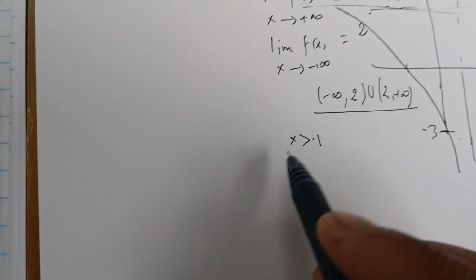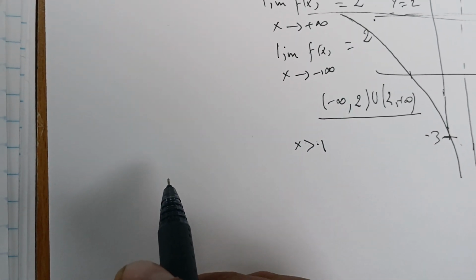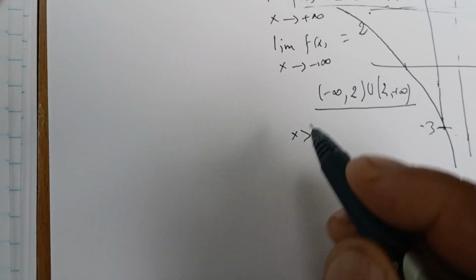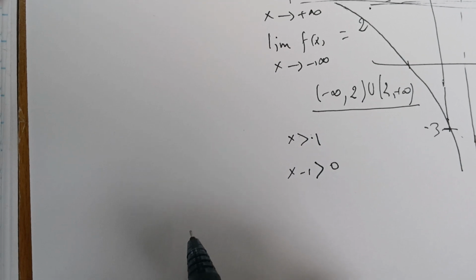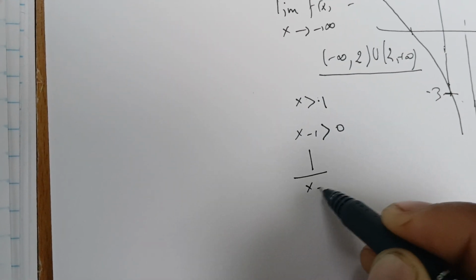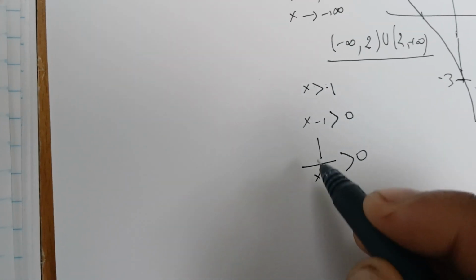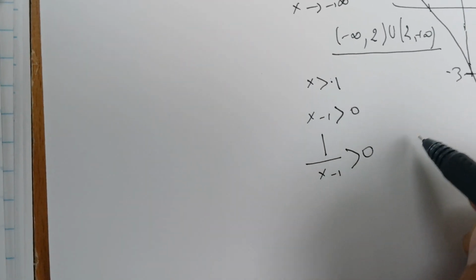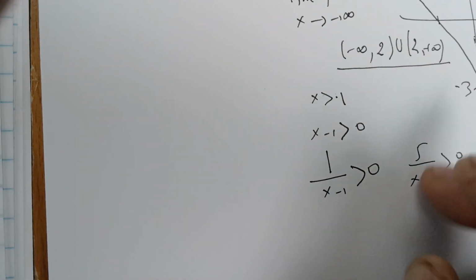First case, x is bigger than 1. Then x minus 1 is strictly bigger than 0. When we inverse this, 1 over (x minus 1) is still bigger than 0. If we multiply by 5, we still have 5 over (x minus 1) bigger than 0, because 5 is positive.